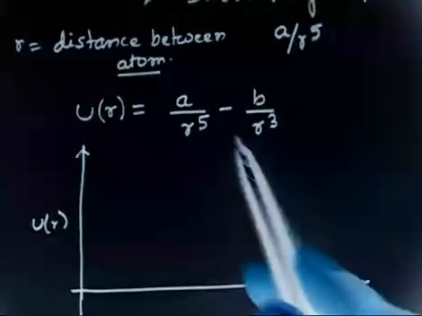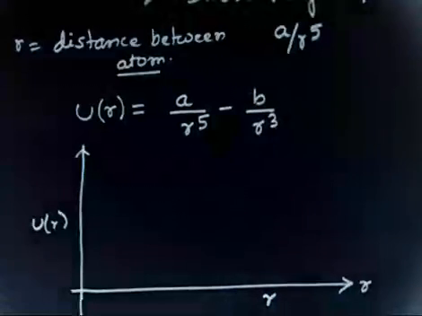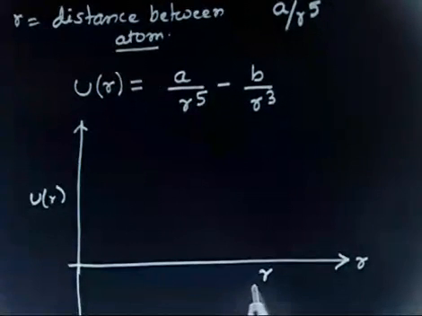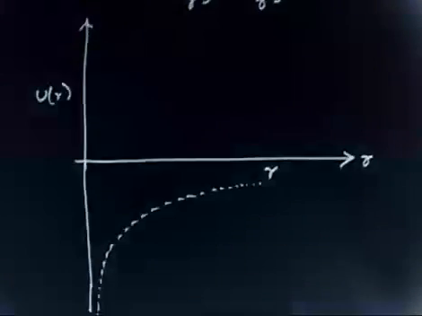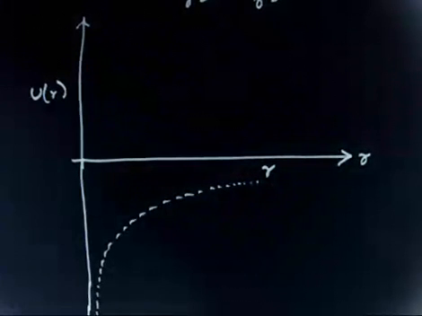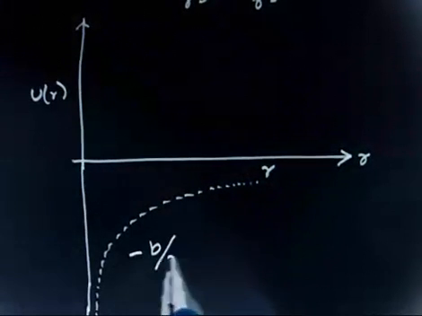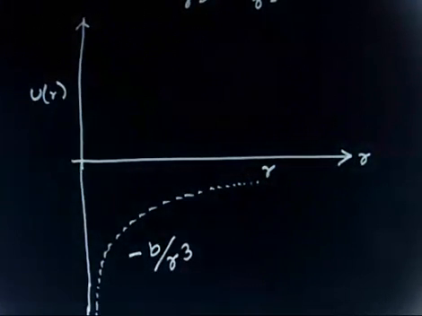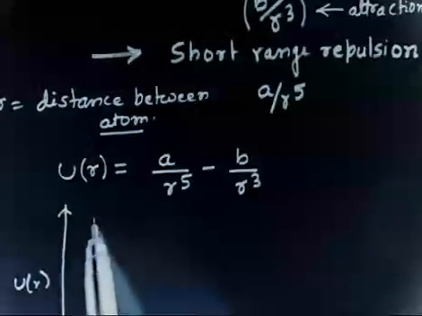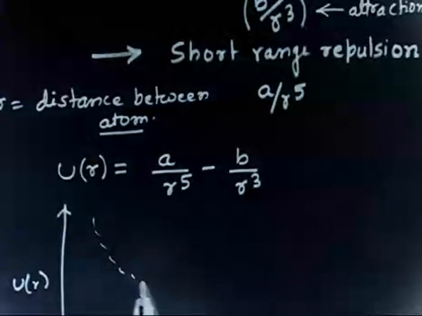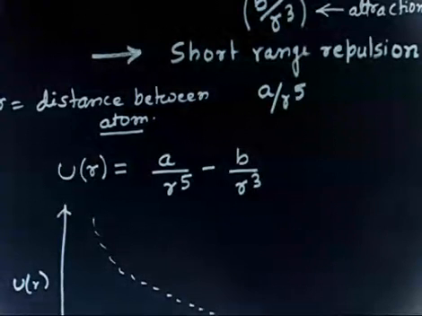Now if you consider this term minus B by R^q, it will vary something like this. And if you plot A by R to the power 5, we will have something of this kind of diagram.